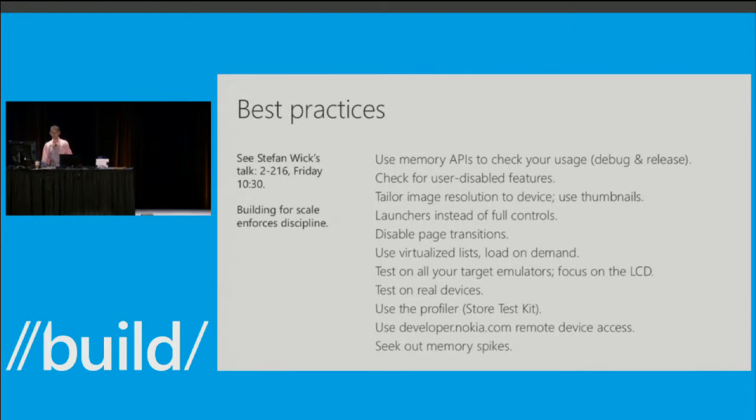Particularly if you're monitoring your memory usage, either as part of development during debug, as an additional profiling mechanism, or actually during release as well. You're monitoring your usage, and you can clean up stuff when you're not using it if you get to a dangerous threshold.